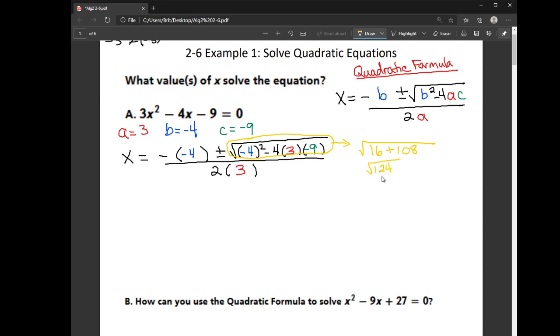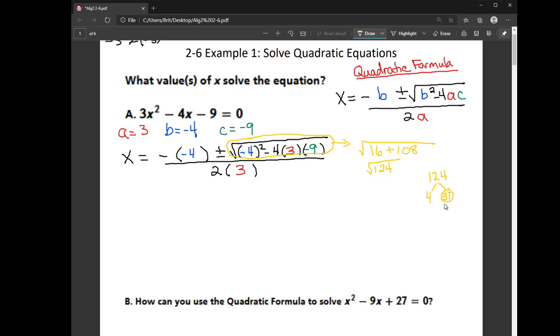And so when I'm at this point, what I need to do is a factor tree so that I can break apart this number and simplify my radical. So 124, I know that's divisible by 4. In fact, it's 4 times 31.